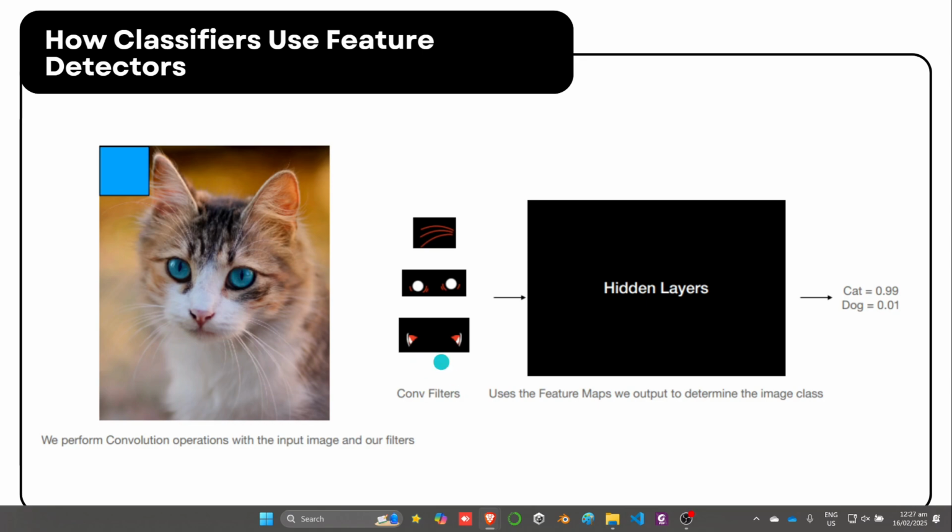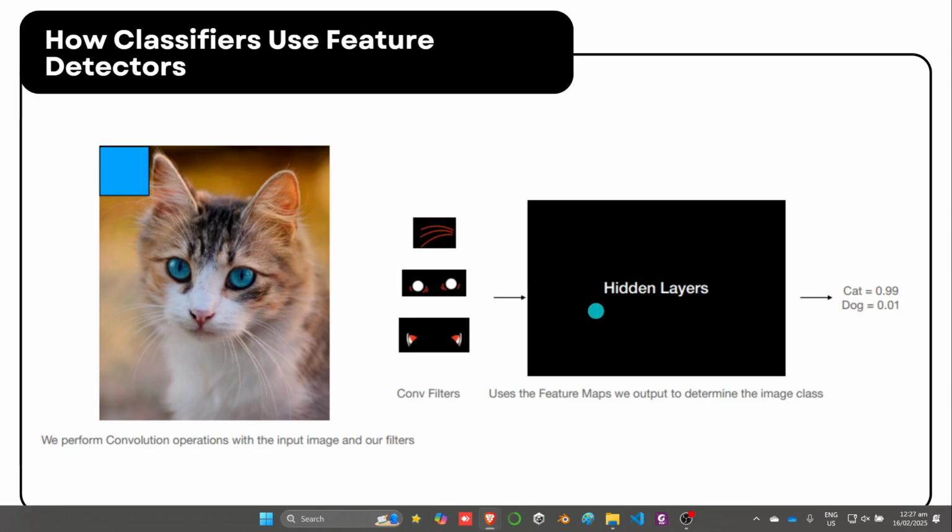So it's going to go through this image with the sliding window back and forth, looking for these features, and it's going to trigger the feature maps that are basically activated when these features are seen, and those are going to be stored here.